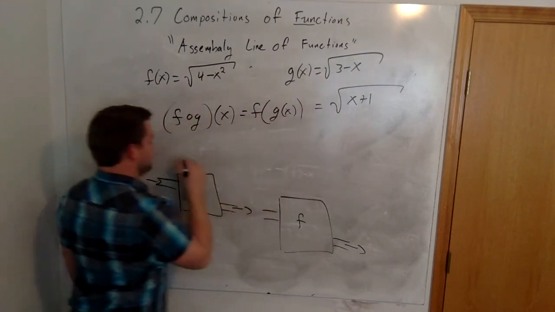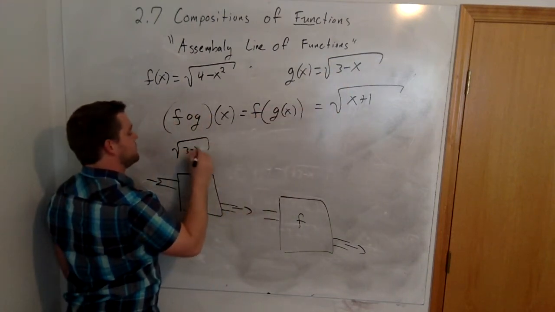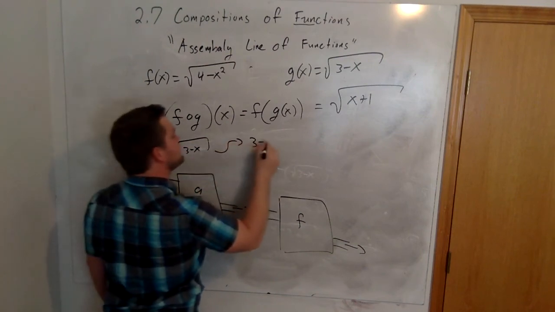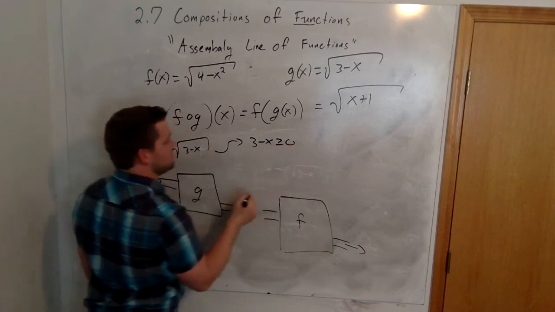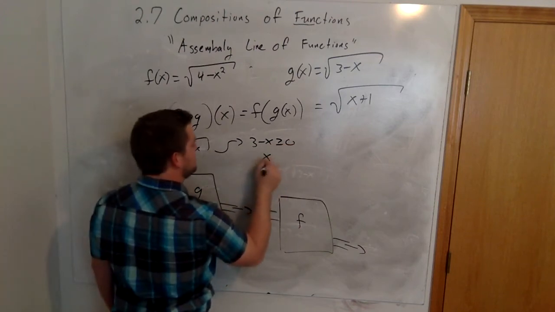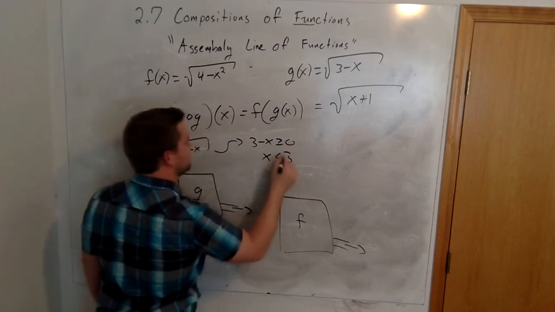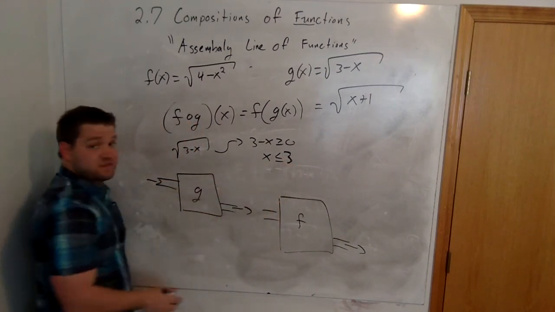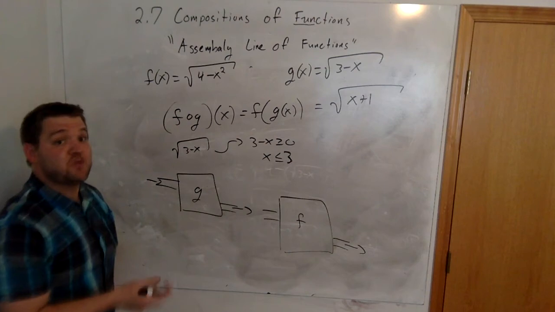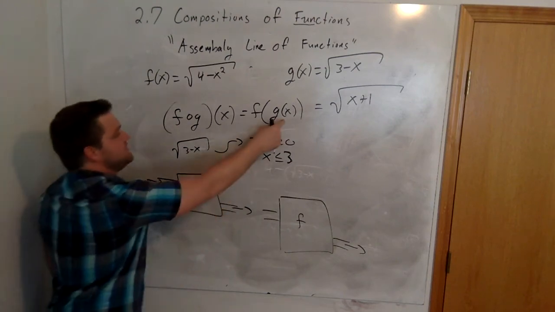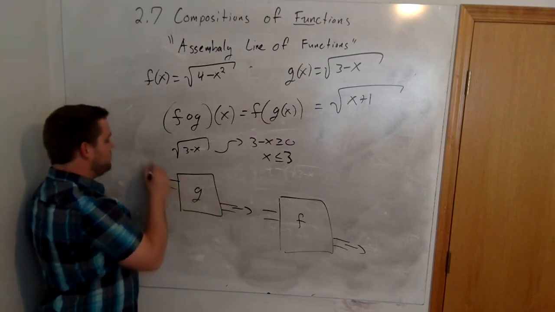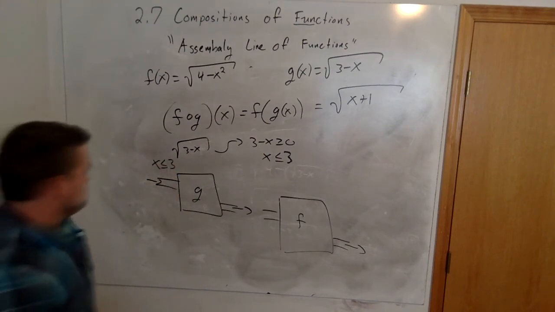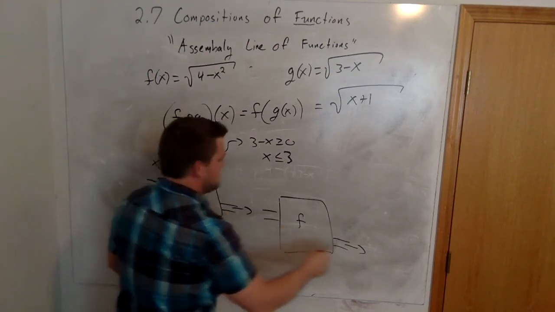Since it's the square root of 3 minus x, we need 3 minus x to be greater than or equal to 0. If you solve this, x needs to be less than or equal to 3. So to begin with, I can only plug values into g that are less than or equal to 3. This is me checking the domain of the inner function. So I know that x has to be less than or equal to 3. Okay, so this gets fed in, and then what is it going to output?